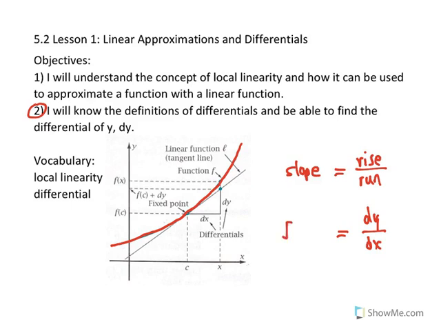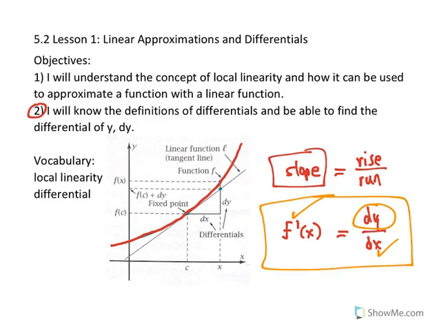So we need to find the derivative of the function f, because that will give us the slope. So how do we find dy in terms of the slope and dx? You just multiply both sides of this equation by dx and you get dy. This is the differential of y. It is f prime of x times dx.